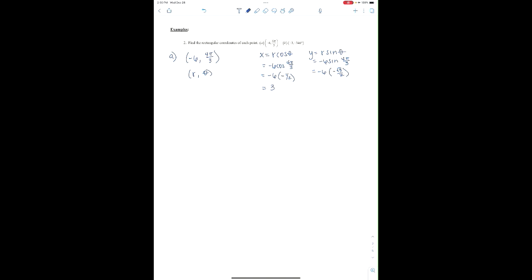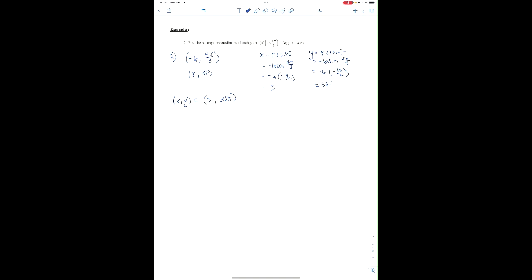And if we reduce this, it becomes 3 times √3. So our xy coordinate, which is rectangular, is going to be 3 and 3√3. Lots of 3's on that one, but that's just the way it came out.